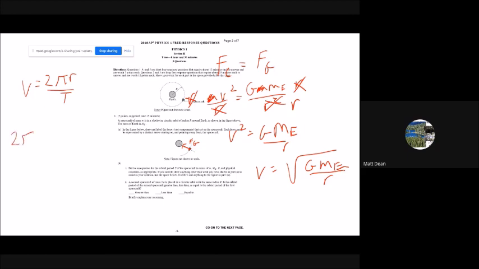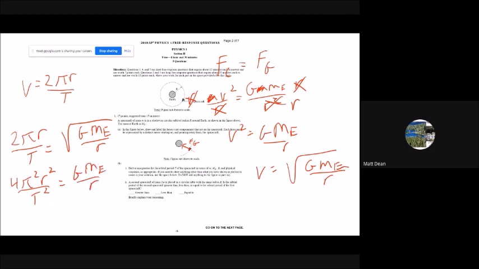So we can say 2 pi r over T equals the square root of G M_E over r. And then we can solve this for T. So square both sides. And you would want to show all this work as you're going. So you would want to show everything that I've shown here.